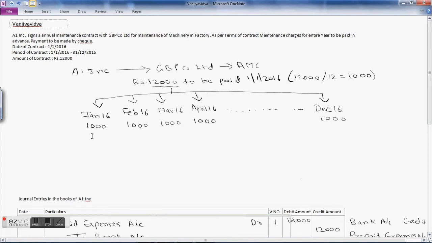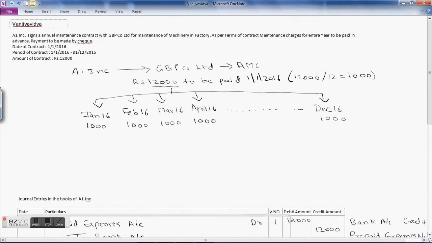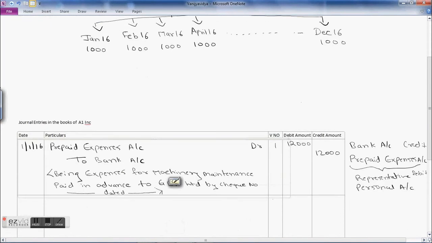But if you see, we have already paid rupees 12,000, right? So we need not pay them anything. That 1000 rupees of Jan 2016 needs to be adjusted with 12,000 which has been already paid on 1/1/2016, right?